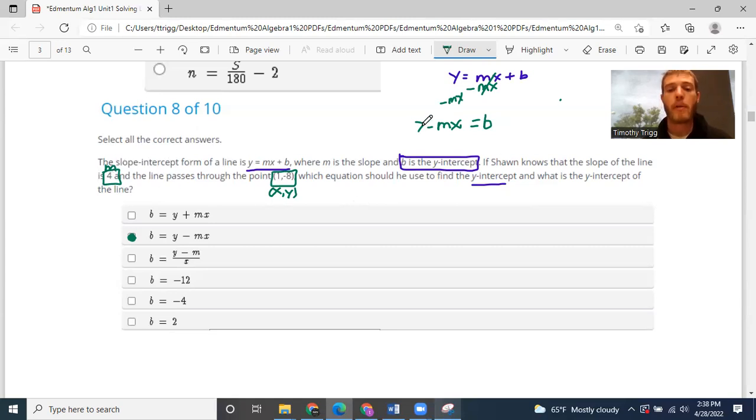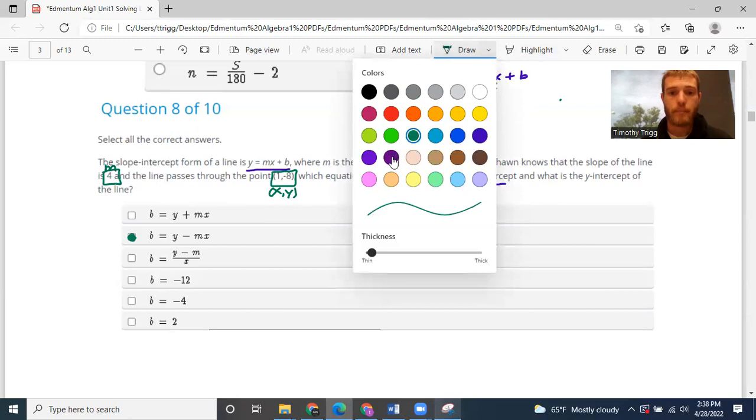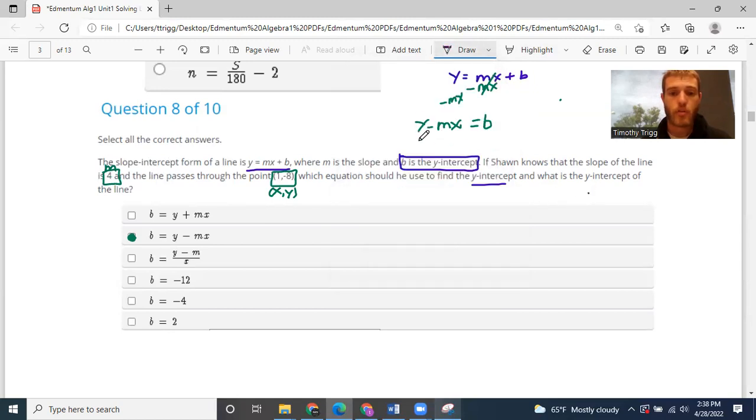Okay, so I'm going to replace the m, x, and y in this equation to find b. So let's go ahead and do that. So I'm going to replace y with negative 8 minus m times x.